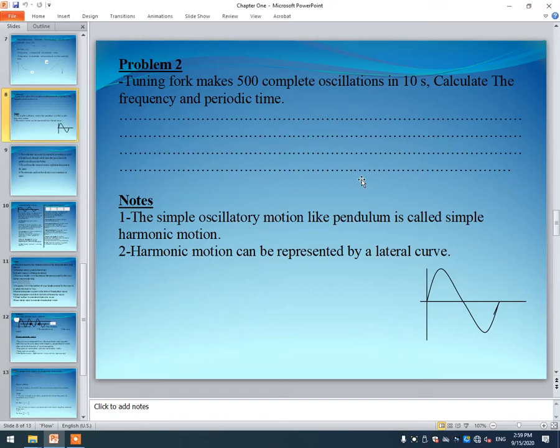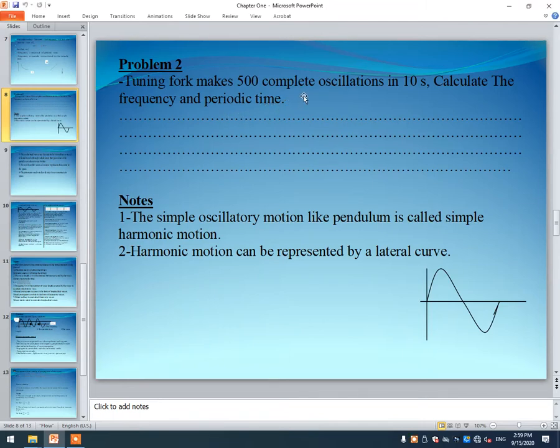Here, the problem: a tuning fork makes 500 complete oscillations in 10 seconds. So here you have n, the number of complete oscillations, it's 500, and the total time, it's 10 seconds. Calculate the frequency and the periodic time.